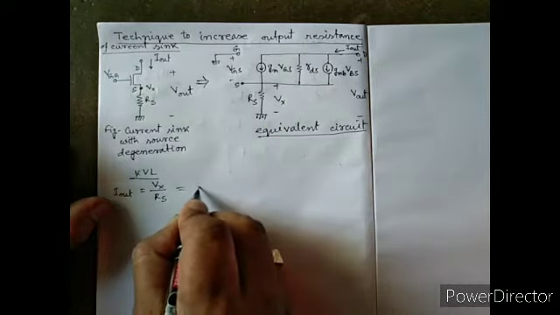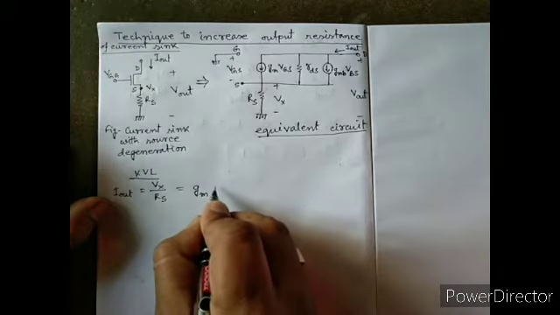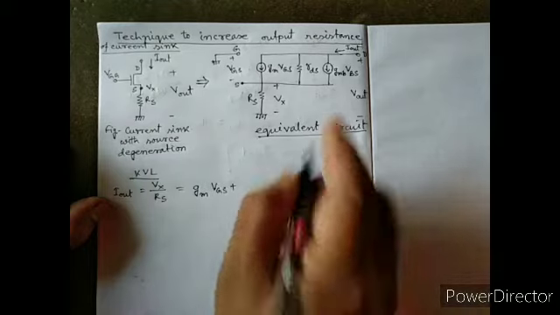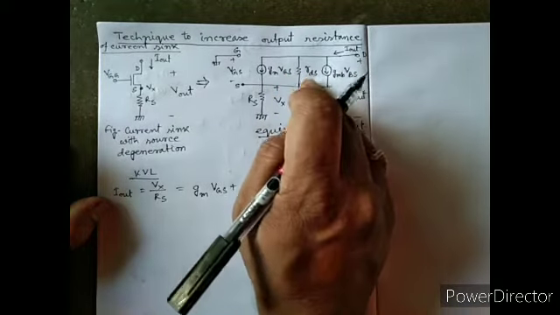So this is equal to gm vgs plus the current passing through rds.